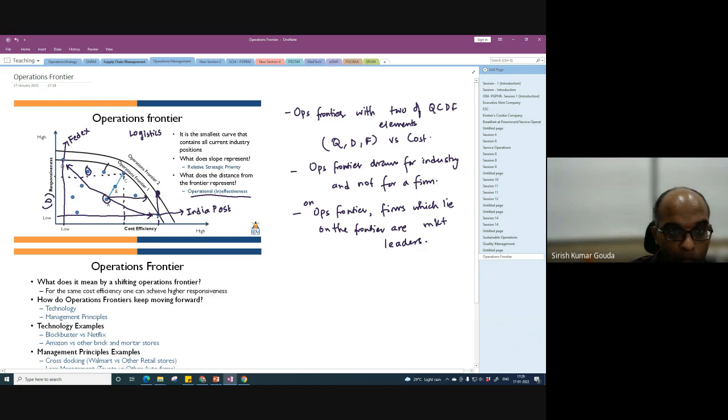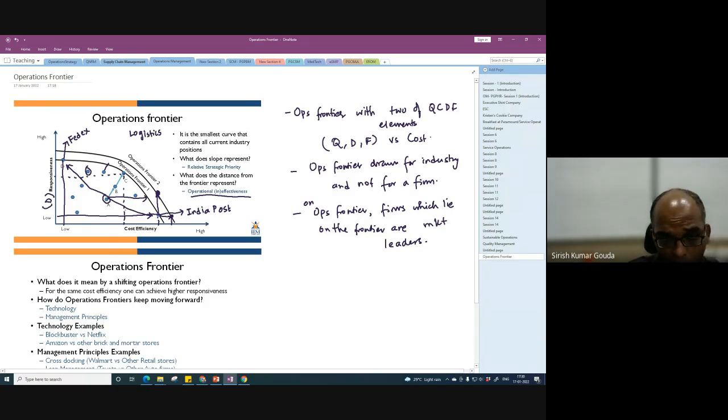It would probably move in this direction, right? Here the cost efficiency is increasing. That means the price that the customers pay is reducing, while the responsiveness remains the same. So this is how organizations in a particular industry get affected by the changes which are happening.